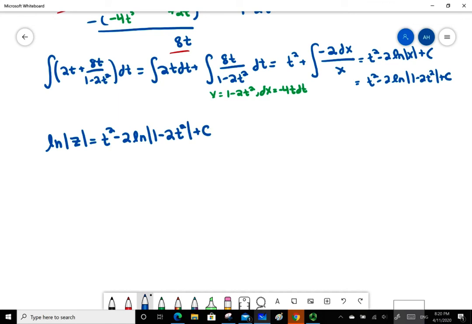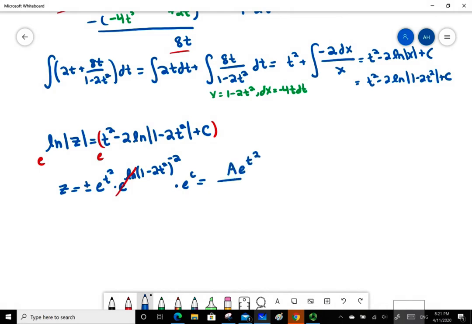So we can solve for z by exponentiating and using the usual rules of exponents and logs to say that z equals plus or minus e to the t squared times e to the natural log of 1 minus 2t squared to the negative 2 times e to the c, which equals a e to the t squared over 1 minus 2t squared squared.